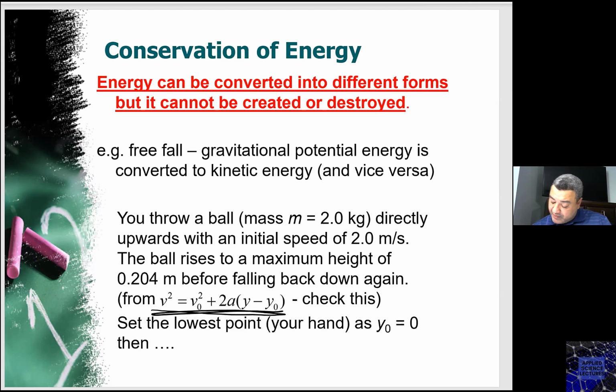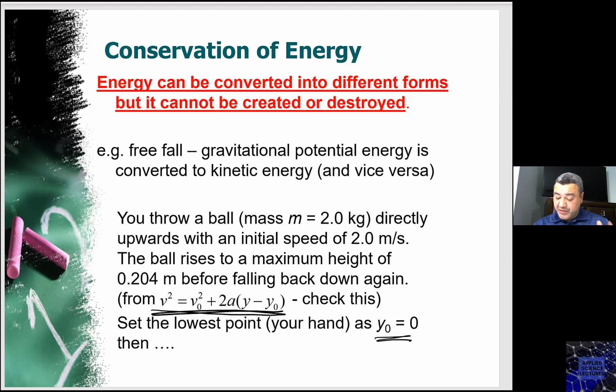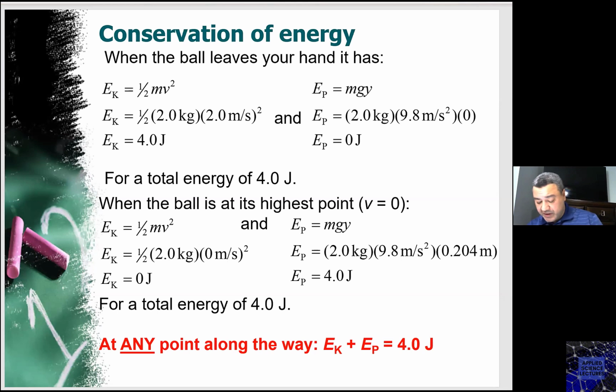Set the lowest point, which is your hand, the location where you threw the ball, as y equals 0. Now, what we need to do is the conservation of energy balance and see how the energy is being transformed, as we said.